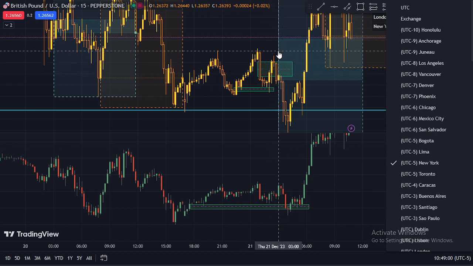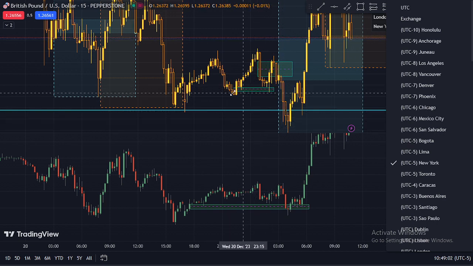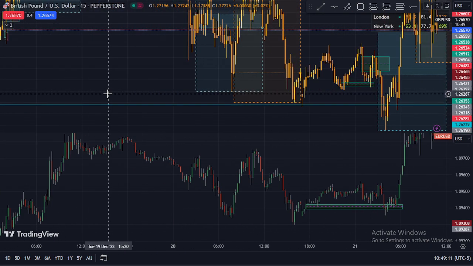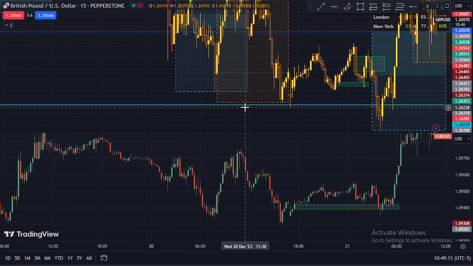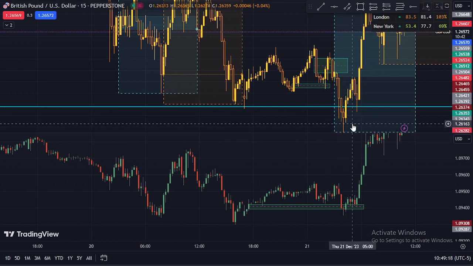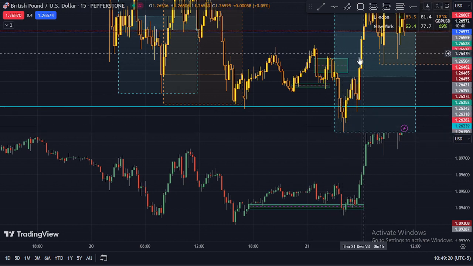So we had that run lower, taking out the relative equal lows, and eventually these two lows, this one, and also we had this low. So that was the run on liquidity, and then smart money reversal.